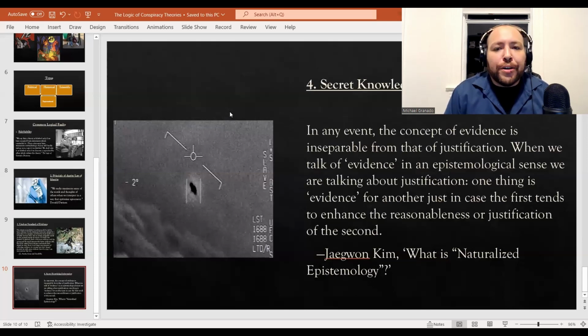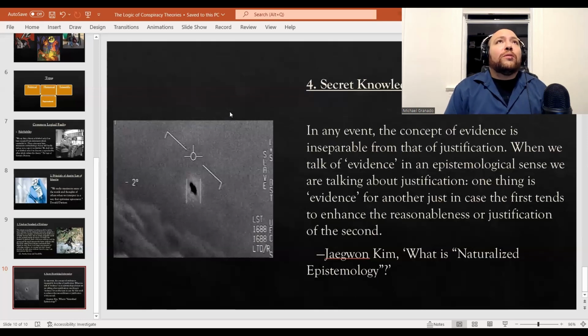We have another quote here. In any event, the concept of evidence is inseparable from that of justification. When we talk of evidence in an epistemological sense, we are talking about justification. One thing is evidence for another, just in the case the first tends to enhance the reasonableness or justification of the second.